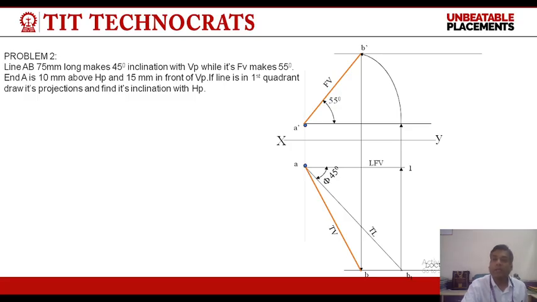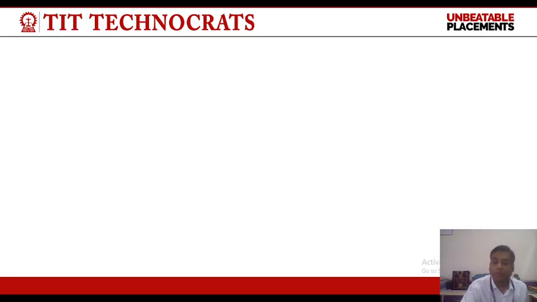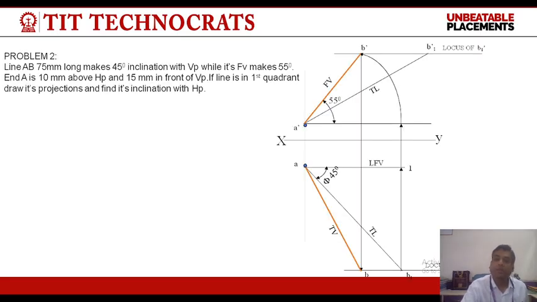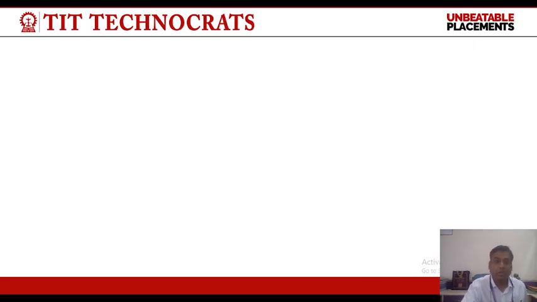Again, to find the angle theta, we will rotate the line AB parallel, and from that point we will project a line on the locus of B1 dash. This will give you the true length of the line and the angle theta. Okay.